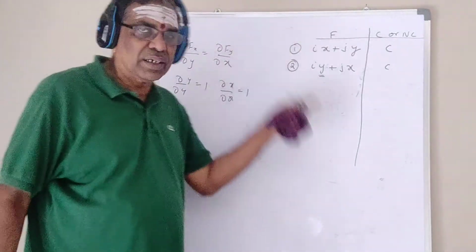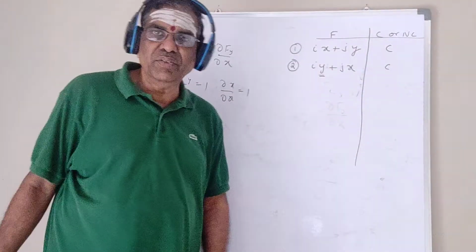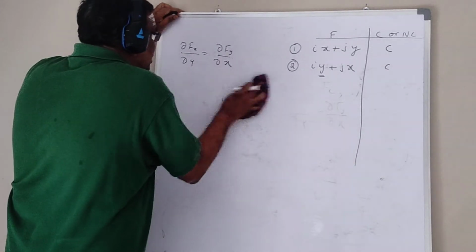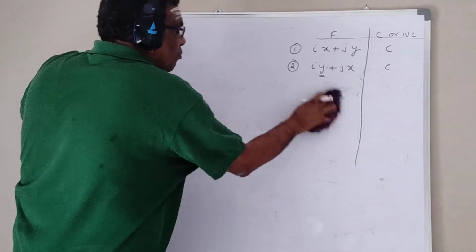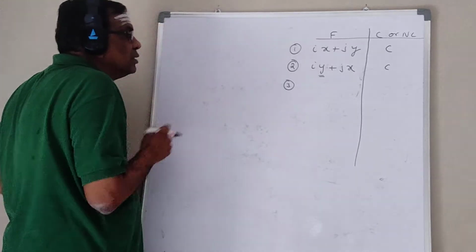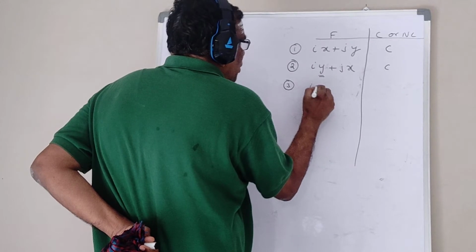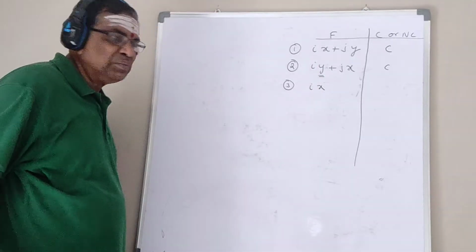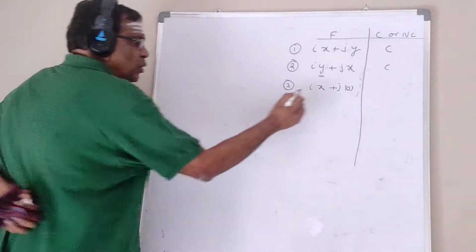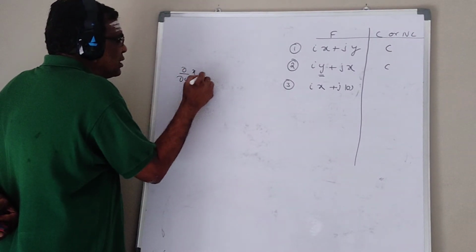First I will prove which are conservative and which are non-conservative. Then only I will go into the other things. Okay? Alright. Next. The third one, for example, only i x. Because i x means j is 0. So ∂f_x/∂y, ∂/∂y of x is 0.